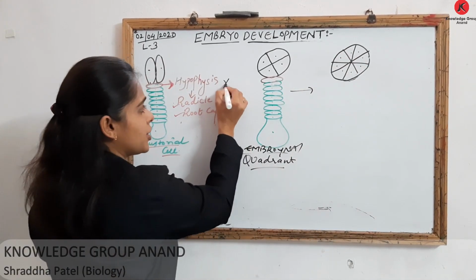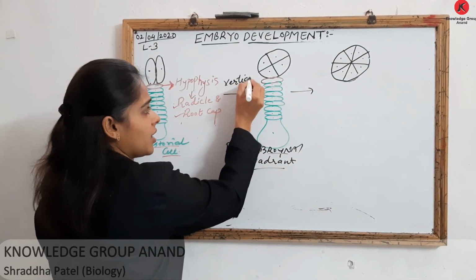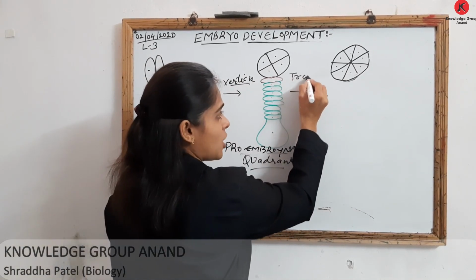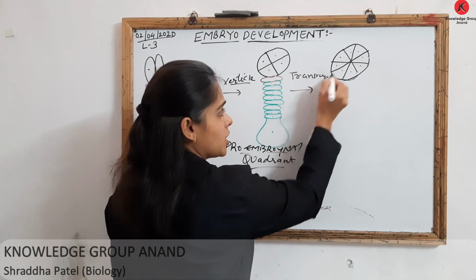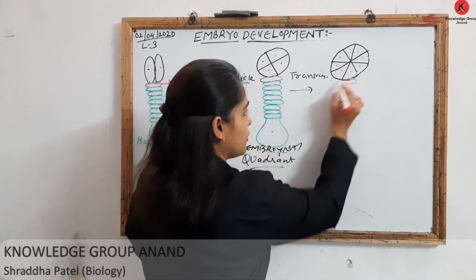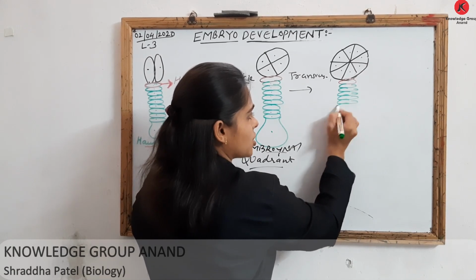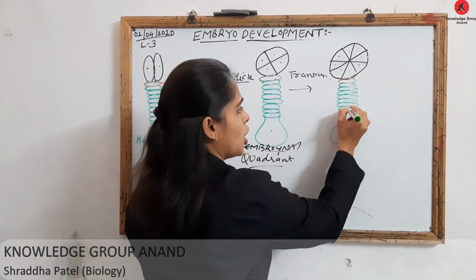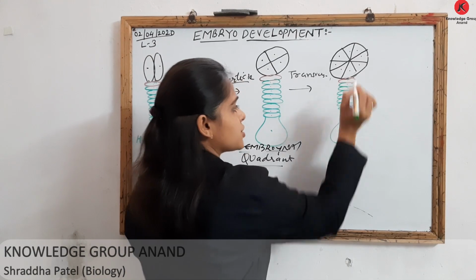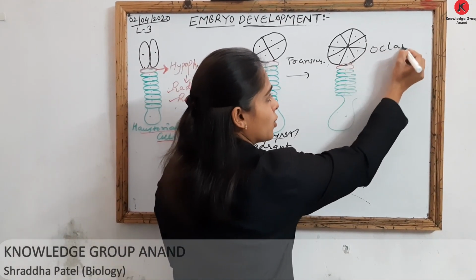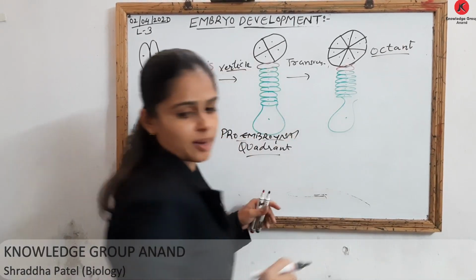The division here will be vertical. The division here will be transverse, which results in formation of an 8 celled structure, which is called the pro-embryonal octant.